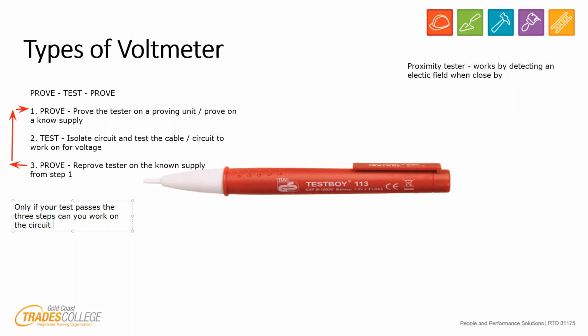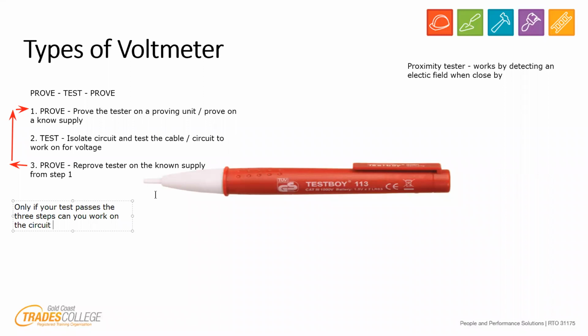This is a little bit far away from you guys when you're doing a Cert 2 course. Still, when you're doing your electronics, you should be following the same rules because it gives you a state of mind of always isolating and doing the right thing. Any of you guys who go to work experience, prove, test, prove. Always remember that, okay?